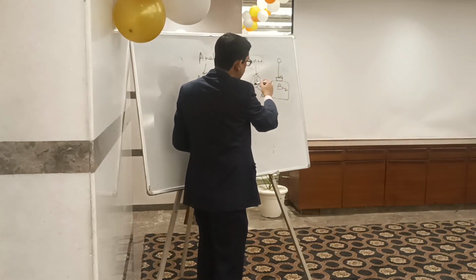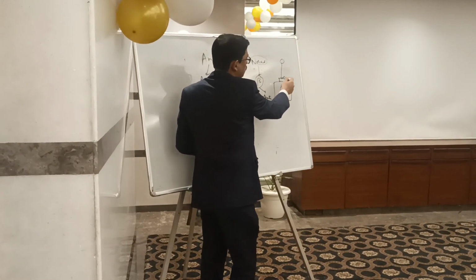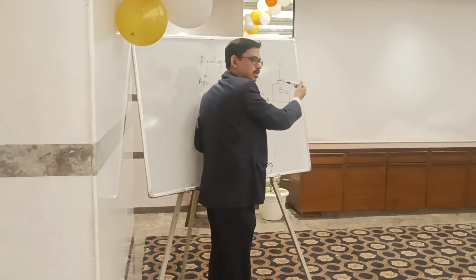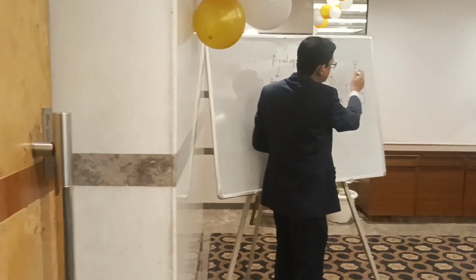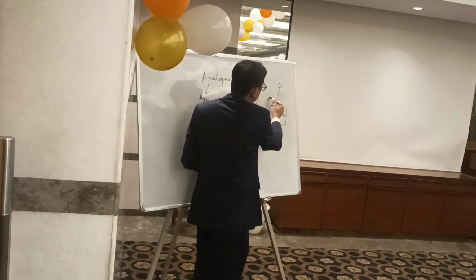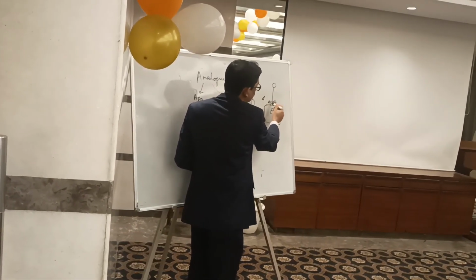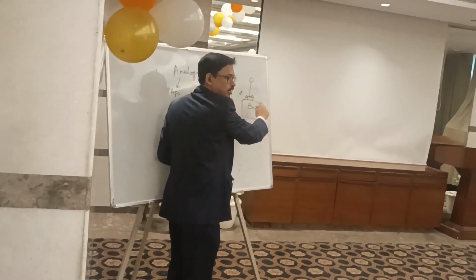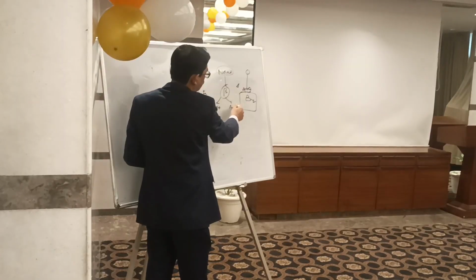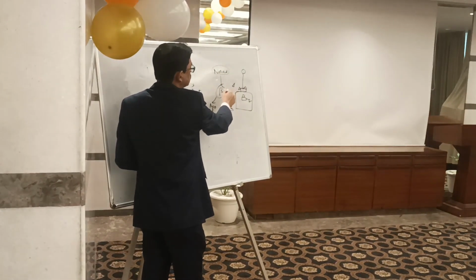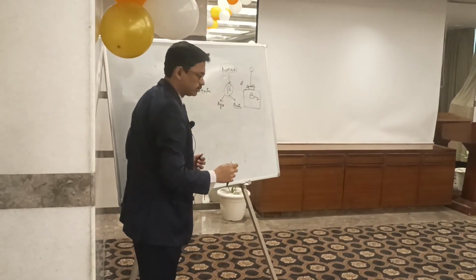But what happens with an agonist? It stimulates the receptor. It mimics the action of the original molecule. Whereas an antagonist, when it binds to this receptor, blocks the receptor. Suppose this is the antagonist. It binds to the receptors. What happens? The receptor is blocked, so this original molecule cannot act. When the beta blocker binds to the beta receptor, it blocks the receptor so that the noradrenaline cannot act.